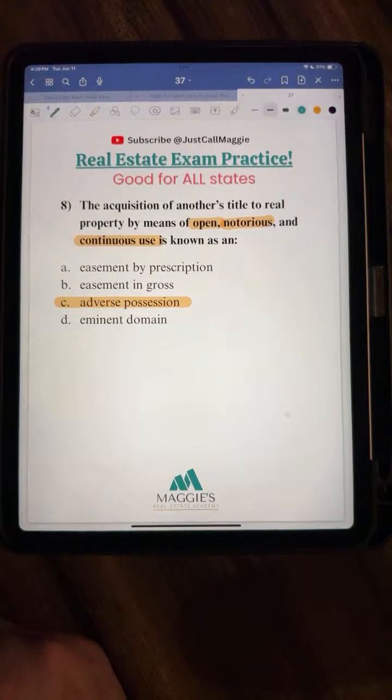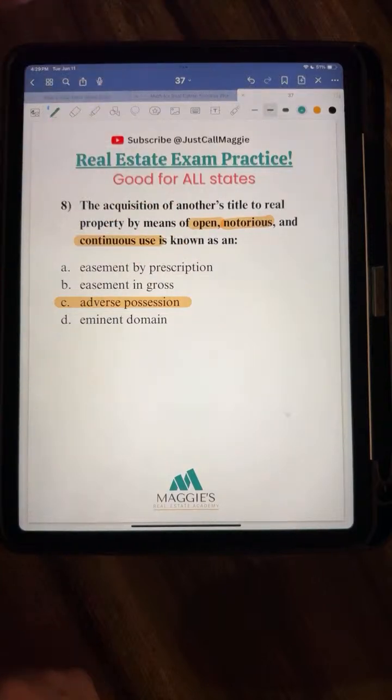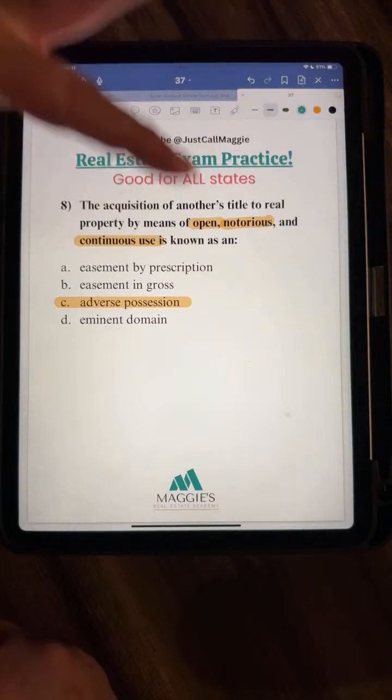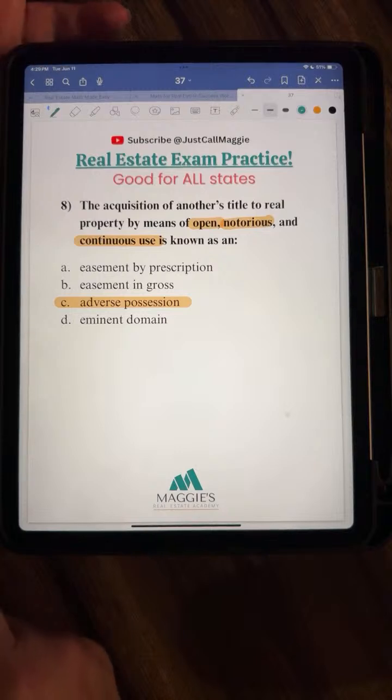Now, let's talk about the other answers, because everybody always wants to know about easements. Easement by prescription is also kind of like adverse possession, but it's continuous and uninterrupted use of a portion of another person's property.